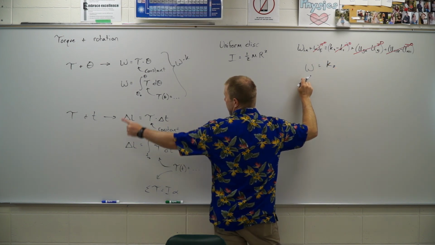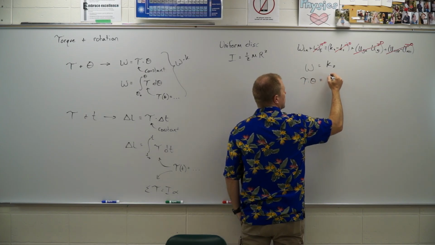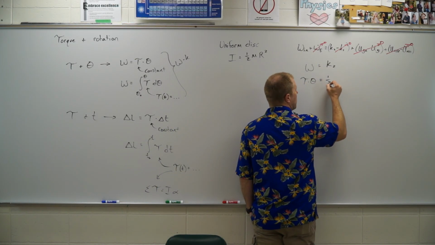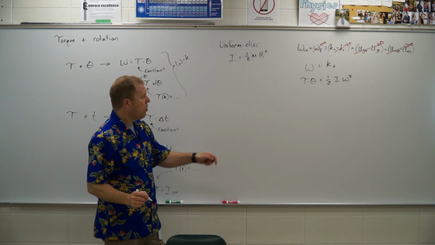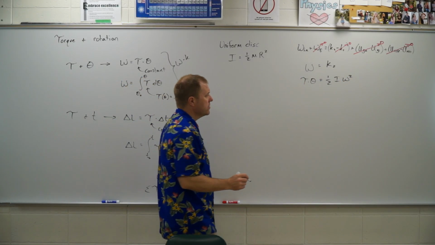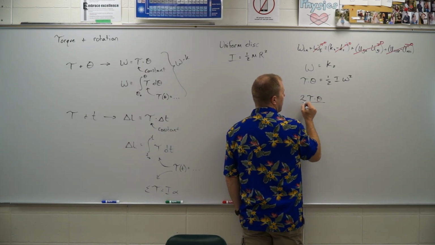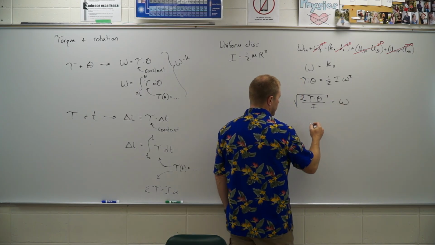And since we had a constant torque, we're going to do torque times theta is equal to, and now because it's rotating, we're going to have a 1/2 I omega squared. Our goal is to solve for that omega. So we'll do a little algebra here. We have 2 torque times theta, all divided by I, take the square root, and we will get our omega.